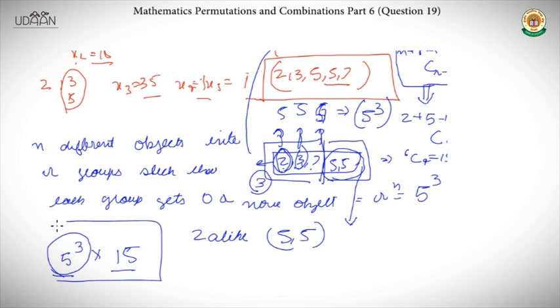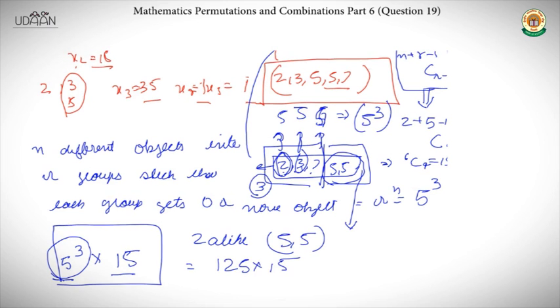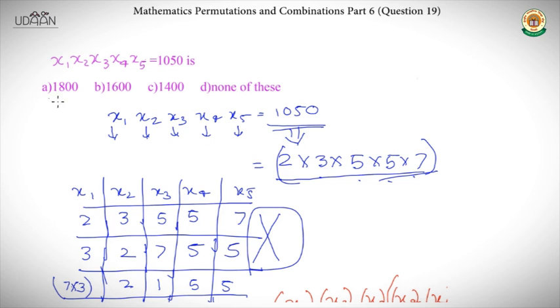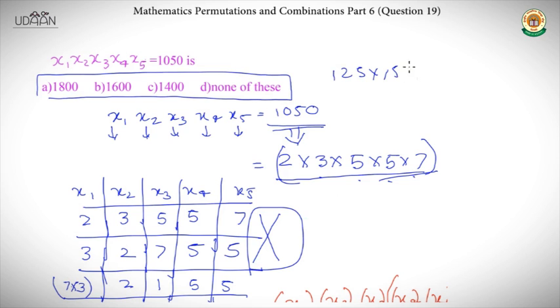So this is the total number of solutions for the equation, that is 125 into 15. And it doesn't match with any of the options A, B, C. So we have seen that the answer to this question would be none of these. It doesn't match because 125 into 15 has to end with 5, and no option ends with 5. So we say that the answer is none of these.